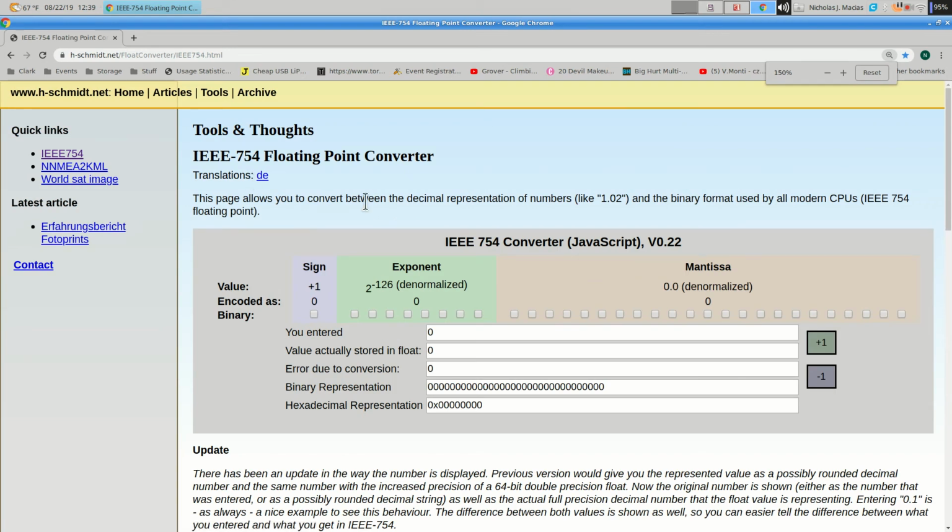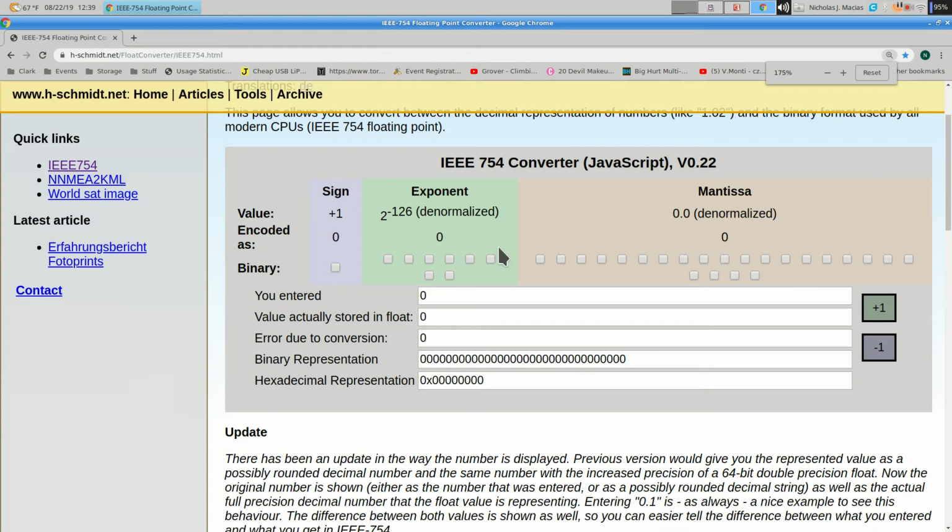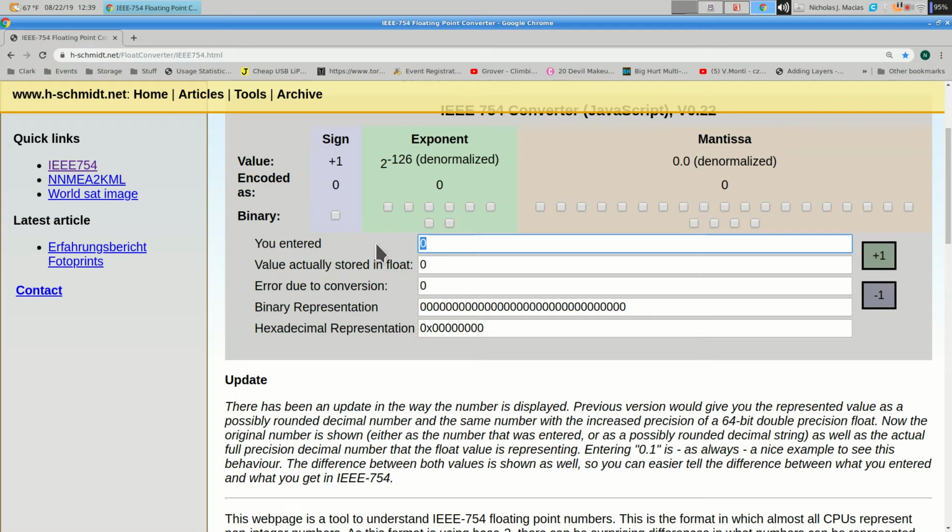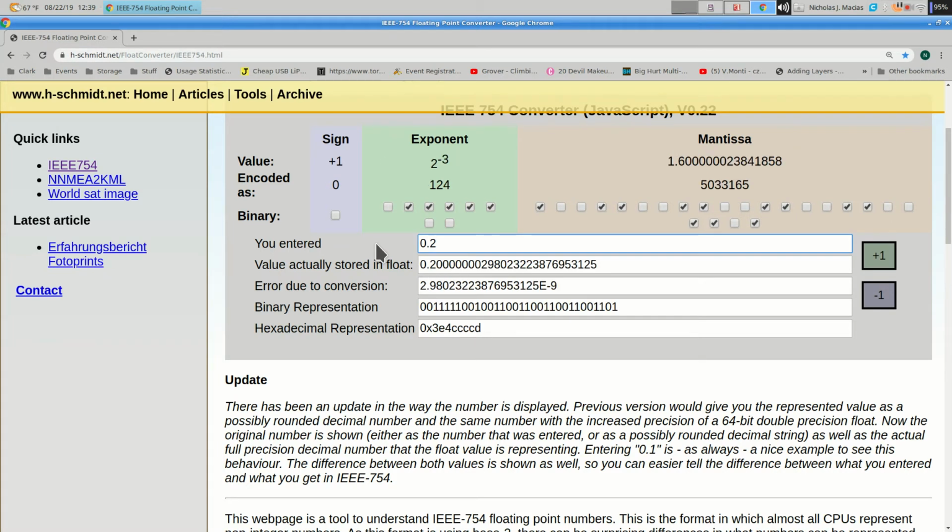Let me show you the calculator I was using last week in class. So we can put in 0.2, and it'll convert it to hexadecimal for us. But it'll also show us the actual value that was stored, which, as you can see, is slightly bigger than 0.2. And the error is off at the 9th or 10th decimal place. Right?